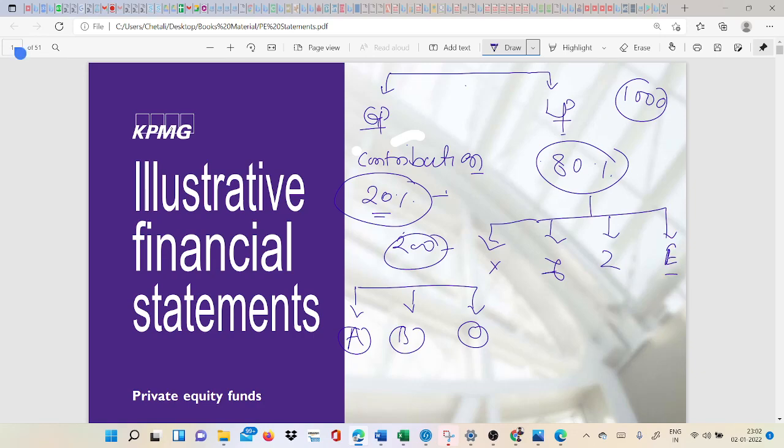So we'll have to allocate this 80% into these 4, and we'll have to allocate this 20% into these 3. So we'll have to allocate everything: expenditure, losses, capital gains, everything. This activity we actually call the investor allocation. And this is how they prepare the financial statements as well.